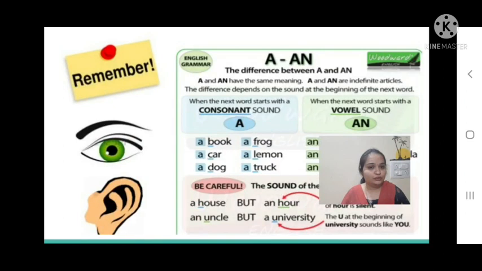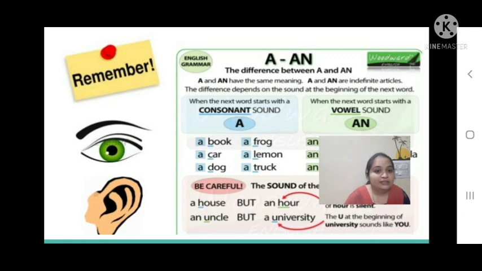What difference do you find in using a and an in sentences? To use a and an, both should be talked about for the first time, and both should be in singular form. The difference is that a and an have the same meaning; both are indefinite articles.